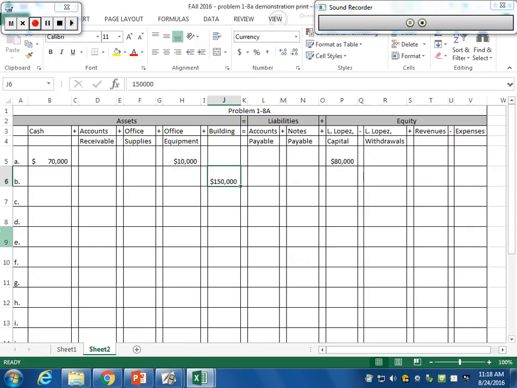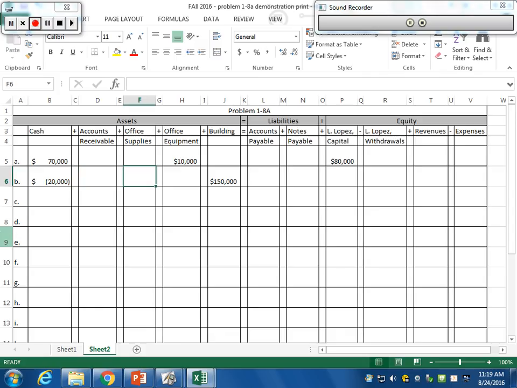So what else happened in that transaction? So we increased our building by 150,000. Okay, we increased our building by 150,000, and what else? Paid $20,000 in cash. So what do we do with cash? Decrease. So we always reflect the negative, and you can put it in parentheses, so you know to subtract it.